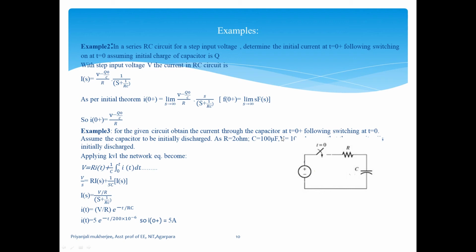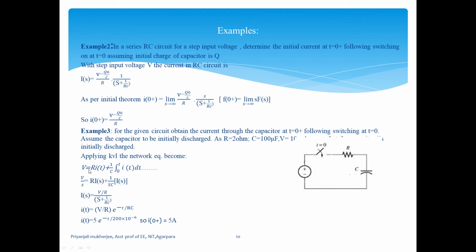For the next example, for this given circuit, we need to find the current through the capacitor at t equal to 0 plus, following the switching at t equal to 0. The values are given: C is equal to 100 microfarad, V is equal to 10, and the capacitor is initially in a discharged condition.